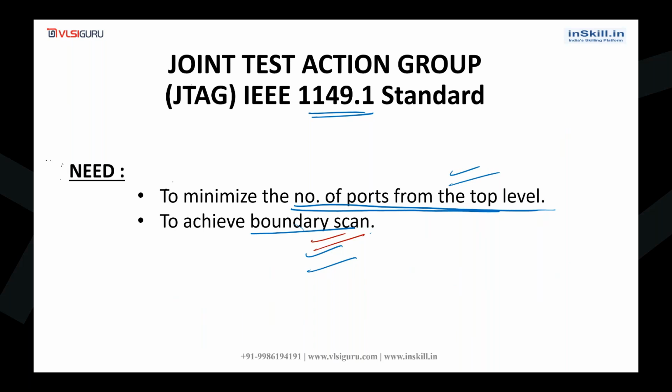And as a part of the JTAG topic, we will be covering what is the need of JTAG. The same, we'll cover in more detail: to minimize the number of ports from top level and also to achieve boundary scan. Then what is the difference between static and dynamic signals?